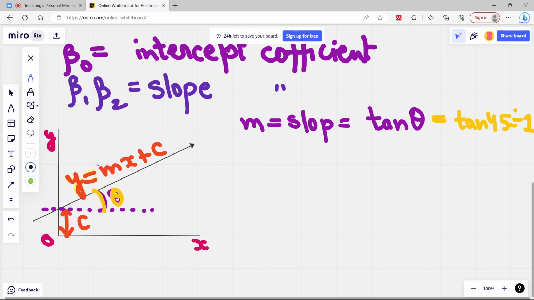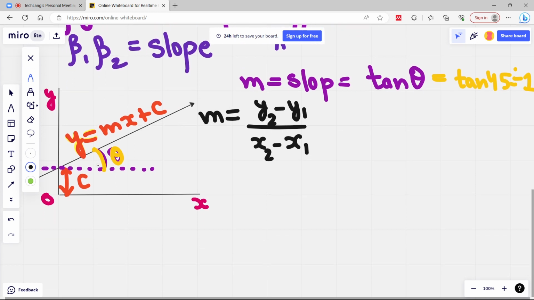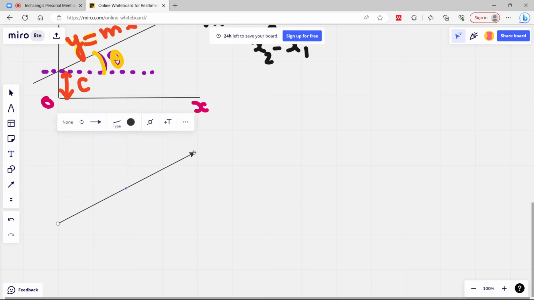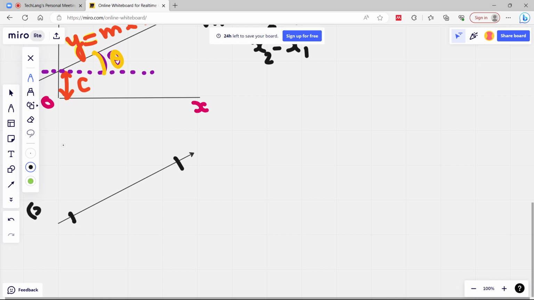Now, another formula to calculate the slope is y2 minus y1 upon x2 minus x1, where y2 and y1 are two different points on my line equation, right? Suppose this line passes through 2 points, the first point is x1, y1, and the second point is x2, y2.